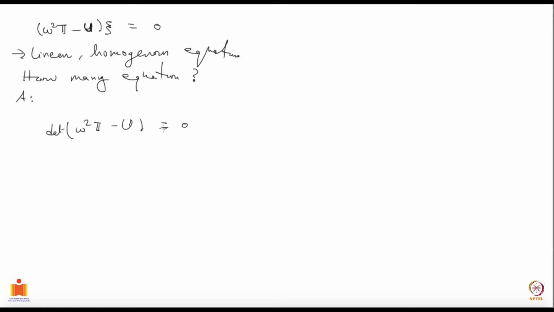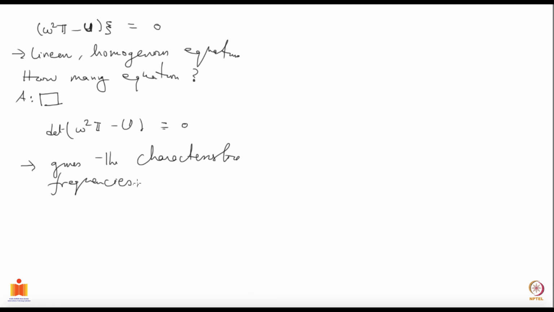If you can solve this polynomial equation, of the degree you find here, you can get the characteristic frequencies. It may also happen that some of your omega square turn out to be 0, but that's fine.